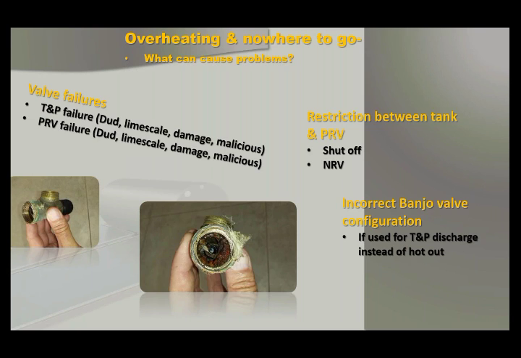Okay, so if there's a restriction between the tank and the PRV, and we've spoken about that before, a non-return valve for some other crazy reason, or a shutoff, which is very much more common. And that shutoff, as I say, it's all fine if it's not shut off. But if it's shut off by somebody that doesn't really know what's happening, that's why it's not allowed. Another thing to just note there: if that shutoff, for example, is a tap, in other words, a rough brass stop tap, you've got a plunger.